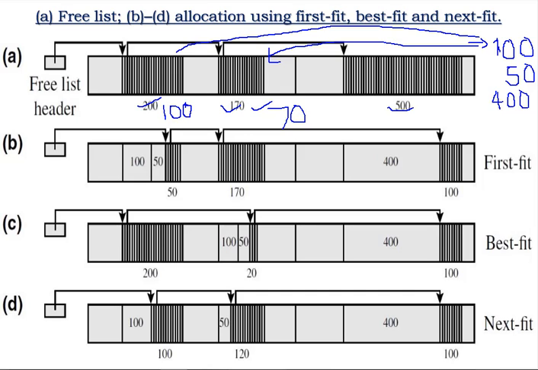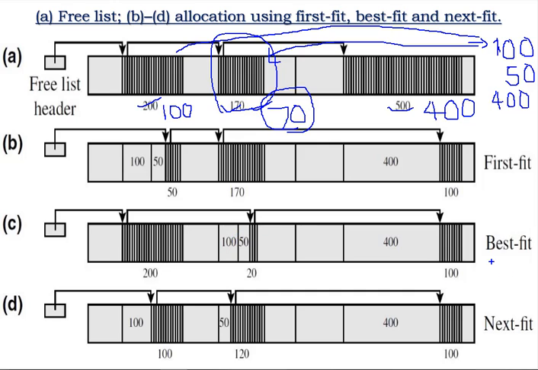Which one is the smallest? 70 is smallest, so it will choose the second block. If we allocate these 100 bytes to the third block, we will be left with 400 bytes, so it won't select the third block. The second block is perfect for best fit.